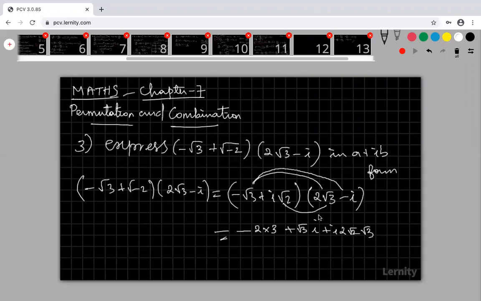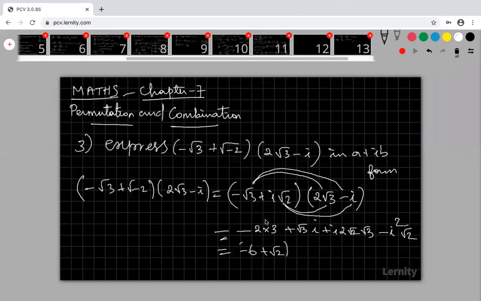And multiply this minus into minus, i square root 2, i root 2 into minus i root 2. This i square is minus 1, so this is plus 2. Minus 6 plus root 2.